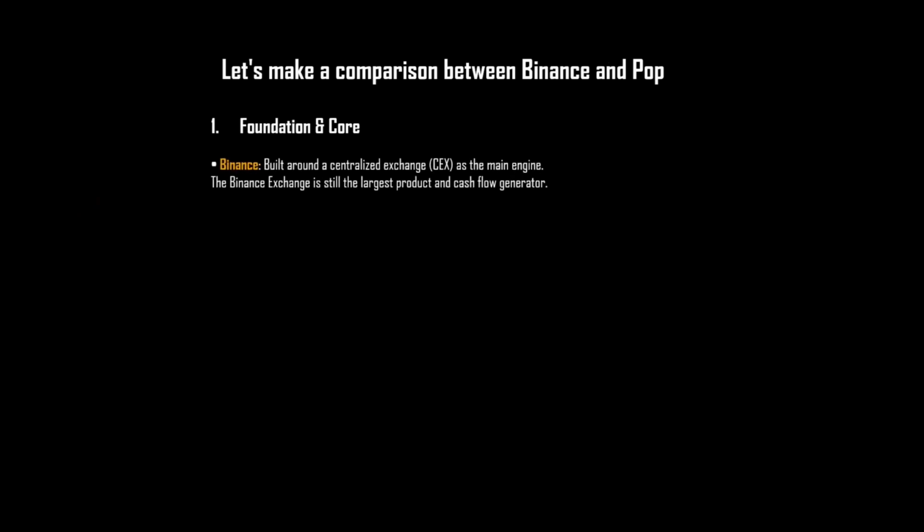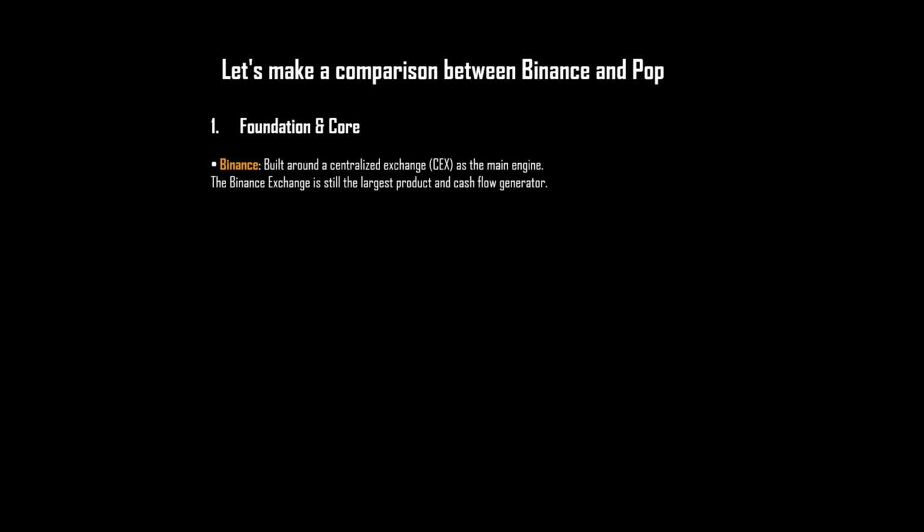But let's make a comparison between Binance and POP, not only the ecosystem, but in general. Let's take a look at the foundation and core. We have Binance built around a centralized exchange. That was their main point. The centralized exchange Binance is the main engine.